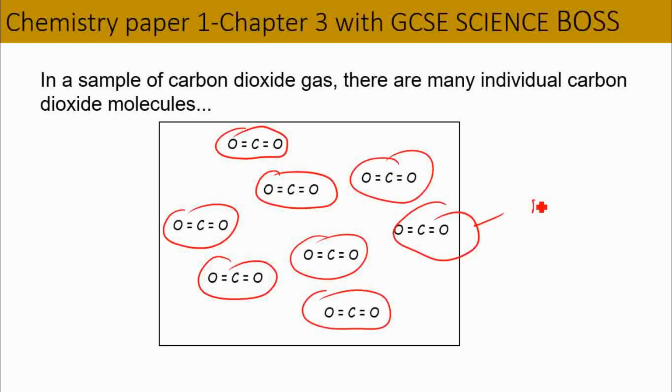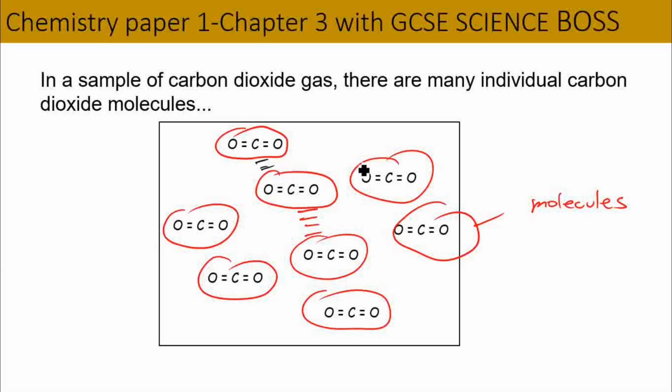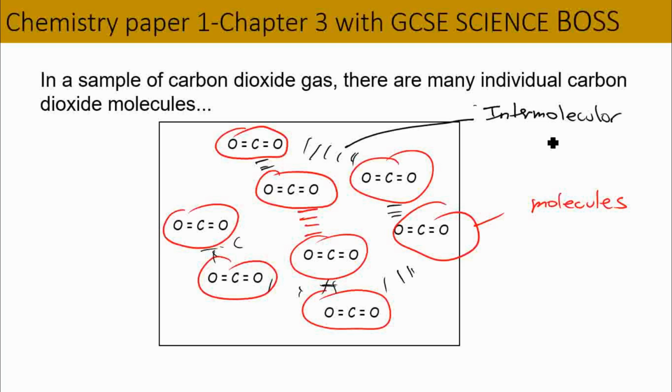So each of those is called a molecule. Between the molecules, there's a force. Let's use a different color for the force. Between the molecules, there is a force or forces. That force, you need to know that this force is called an intermolecular force.